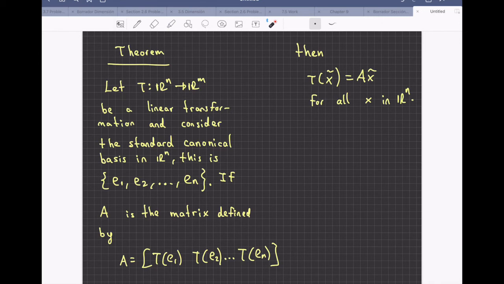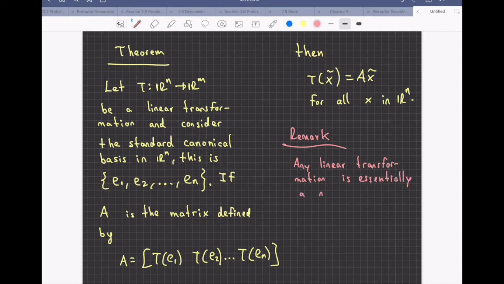So in other words, we are saying here that any linear transformation is essentially a matrix multiplication.